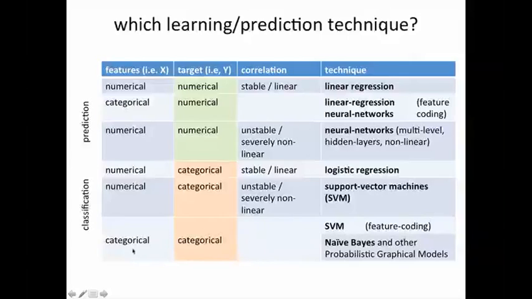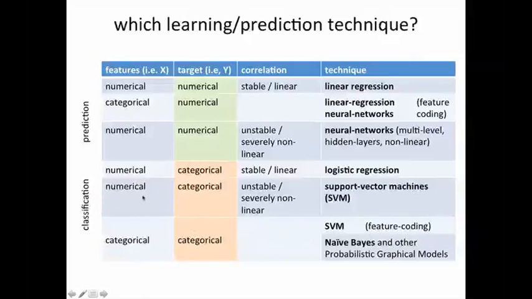Of course, for categorical variables, one does have to do feature coding to a certain extent. So we do need to do the same trick that we did for categorical features in linear regression, because SVM essentially requires numerical inputs.